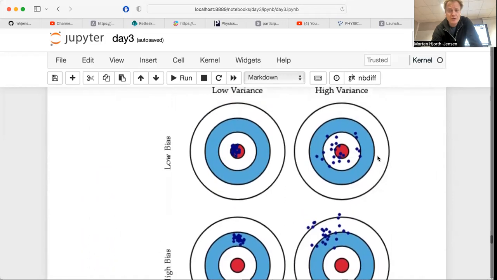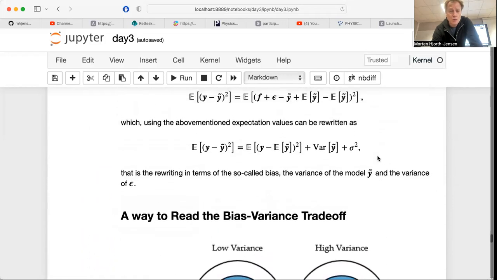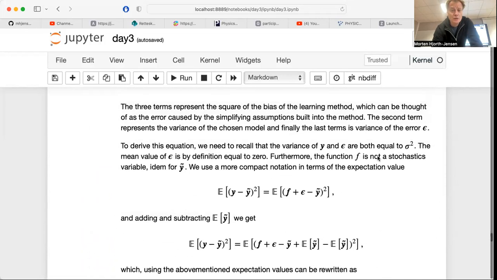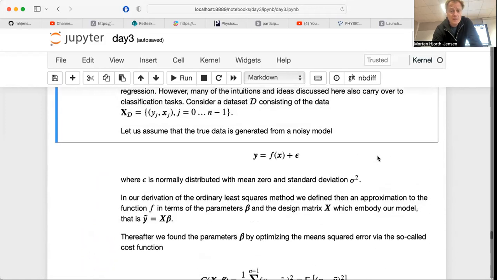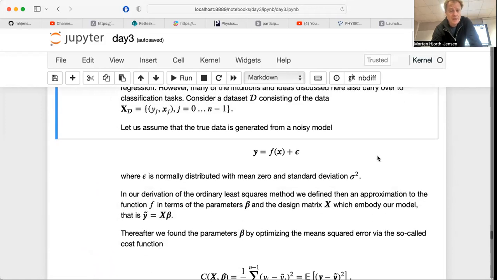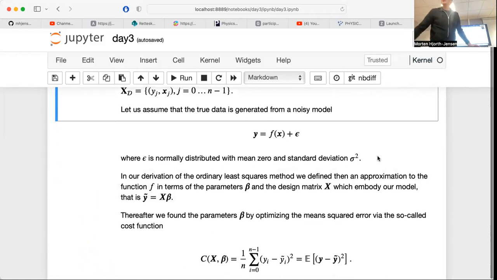So what we discussed before the break, and I just wanted to bring back some of the definitions here. When you do linear regression or any of the machine learning methods, like also logistic regression, we are making an assumption. That assumption is that the data we have are given by some function f of x.